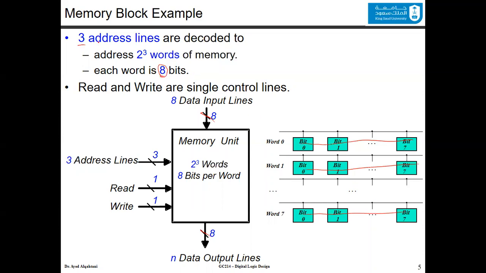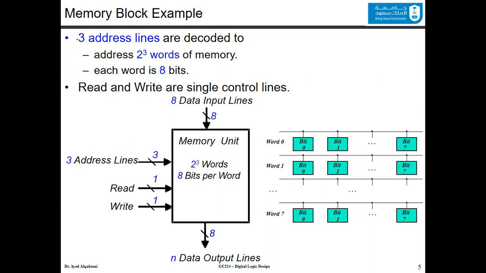Now, since you have 3 address lines, this means that there are 2 to the power of 3, which is 8, different words, starting from 0 to 7.